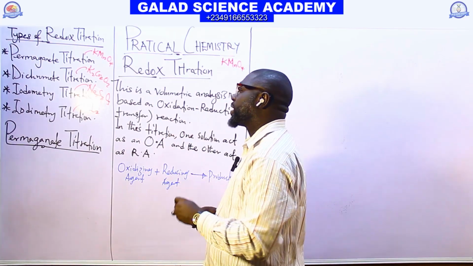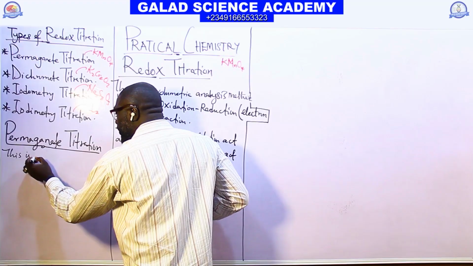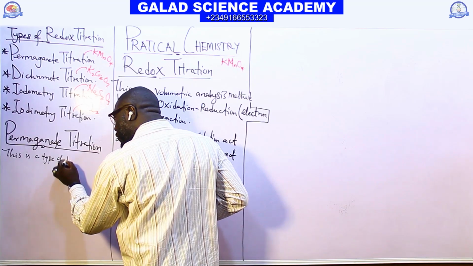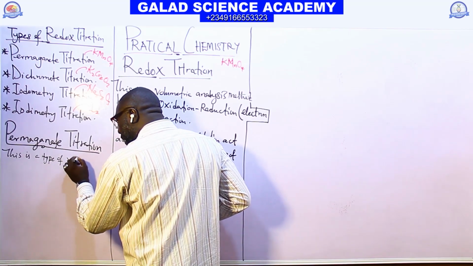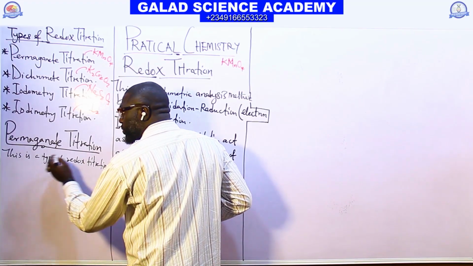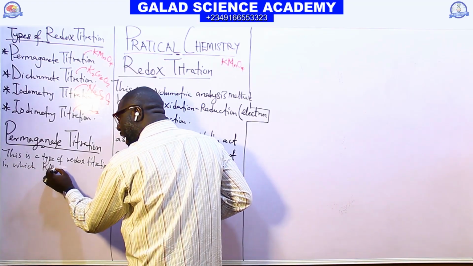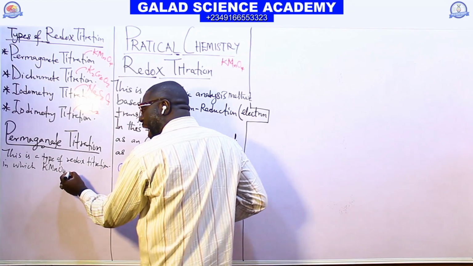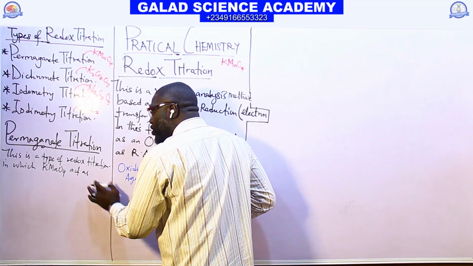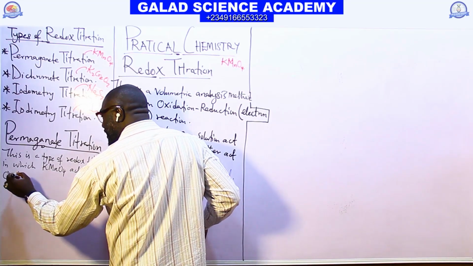So back to the permanganate titration. The permanganate titration is a type of redox titration in which KMnO4 acts as a strong oxidizing agent.